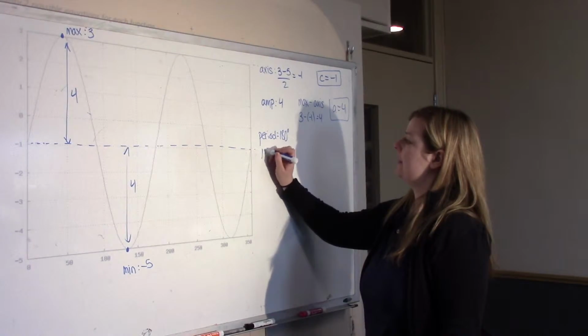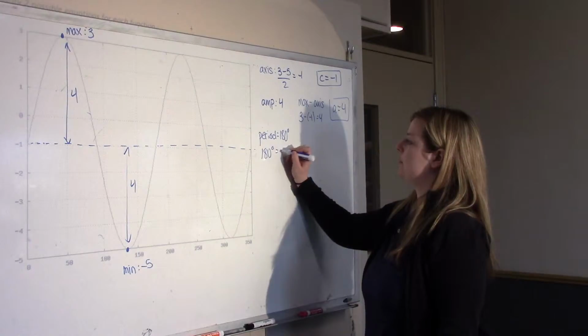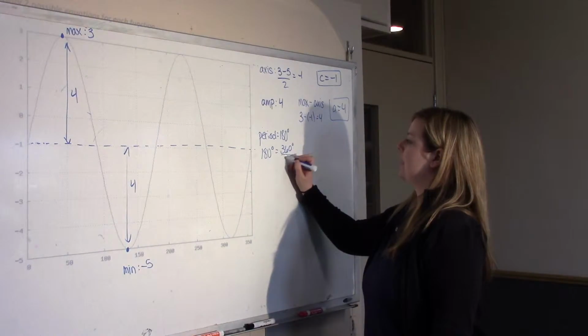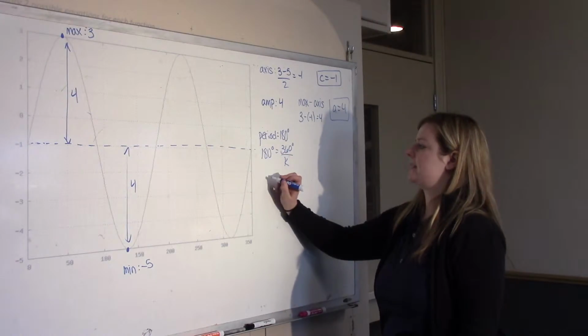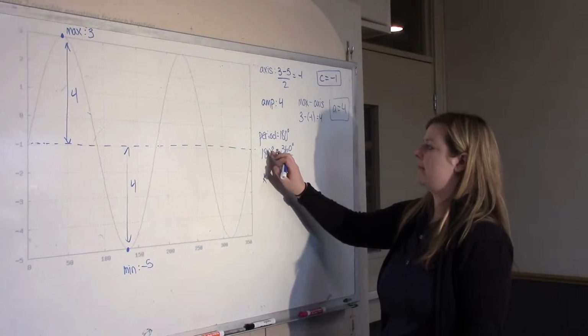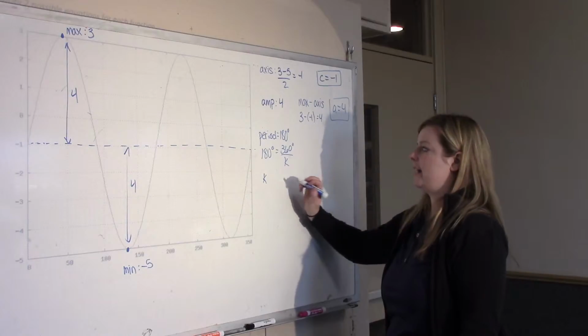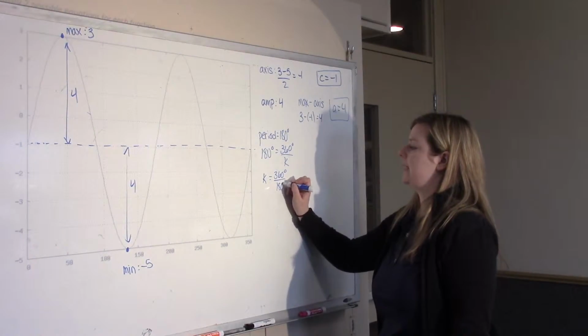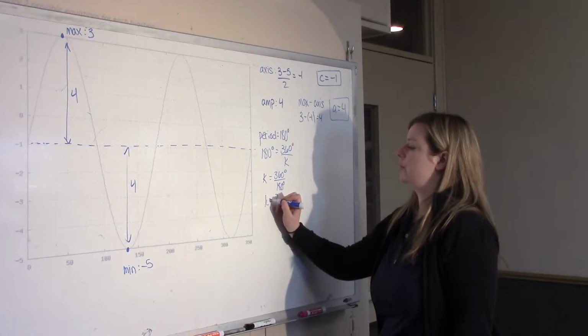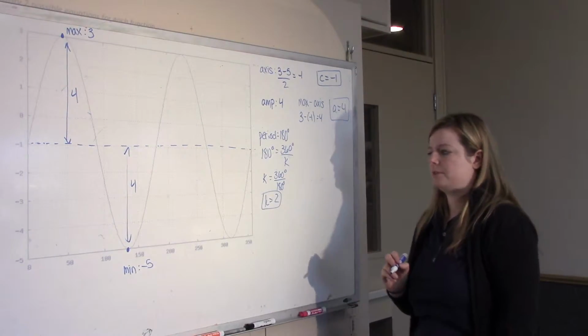Okay, so remember the period, 180 degrees, equals 360 divided by K. So to solve for K, you just can switch these guys' places. Okay, so multiply this up and then divide the 360 down. So K is just 360 divided by 180, so 2. So our K value is equal to 2.